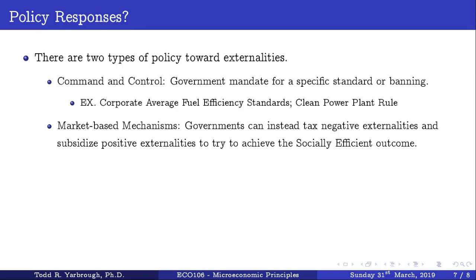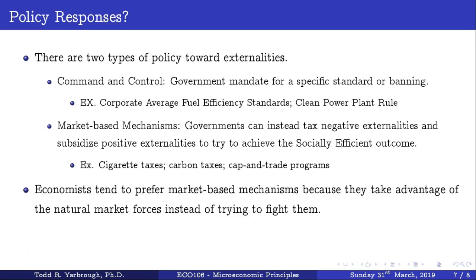However, there are certain types of pollutants for which market-based mechanisms aren't necessarily the most preferred outcome. Types of market-based mechanisms you may have come across: cigarette taxes, carbon taxes, and of course cap and trade programs provide governments a way to induce greater environmental protection without necessarily having to decide on particular standards or mandates.